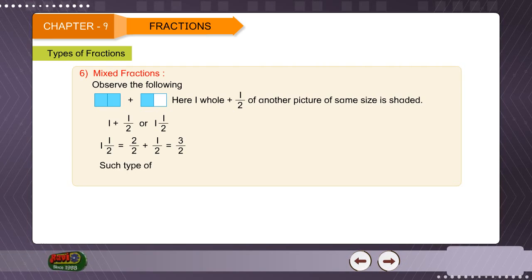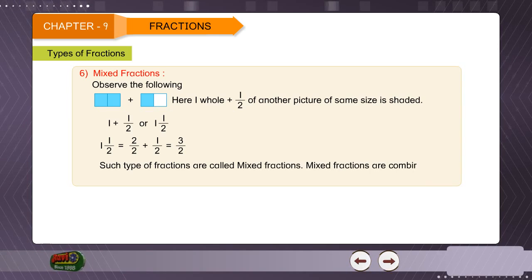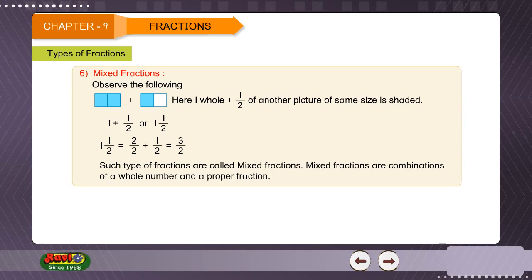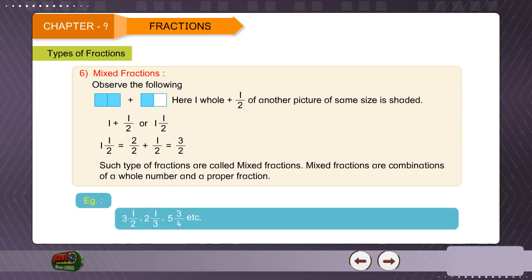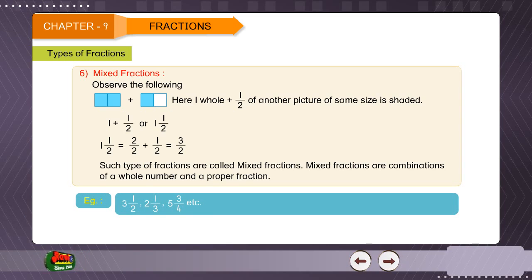Such types of fractions are called mixed fractions. Mixed fractions are combinations of a whole number and a proper fraction. Example: 3 1 by 2, 2 1 by 3, 5 3 by 4, etc.